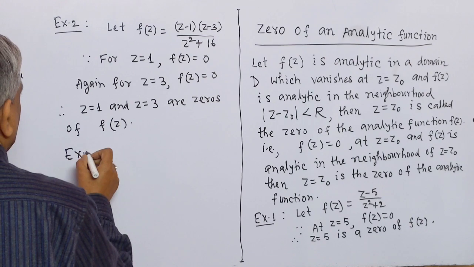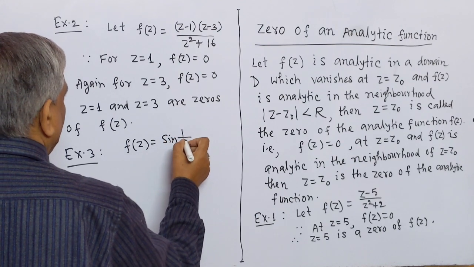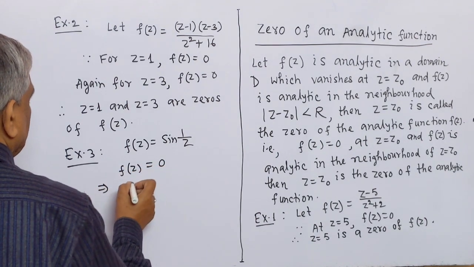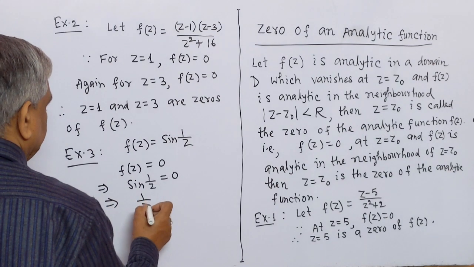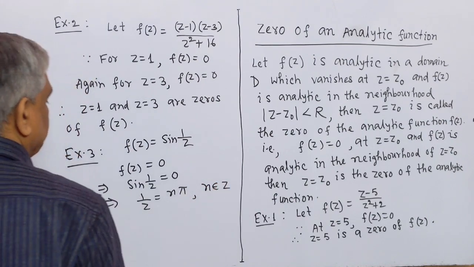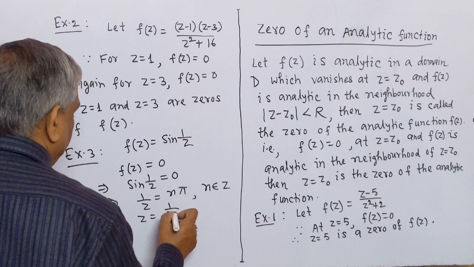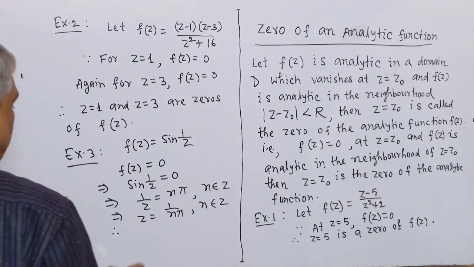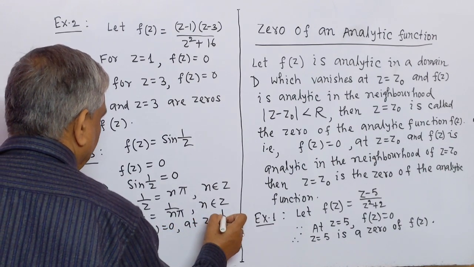Example 3. f(z) equal to sine 1 by z. f(z) equal to 0 implies that sine 1 by z equal to 0, implies that 1 by z equal to n pi, n belongs to Z, the set of integers, implies that z equal to 1 by n pi, n belongs to Z. Therefore, f(z) equal to 0 at z equal to 1 by n pi.